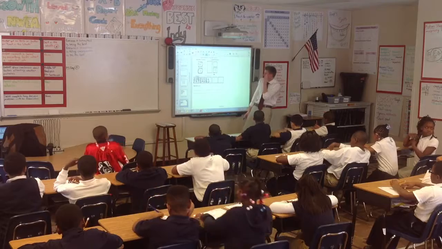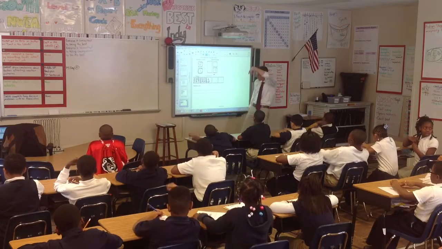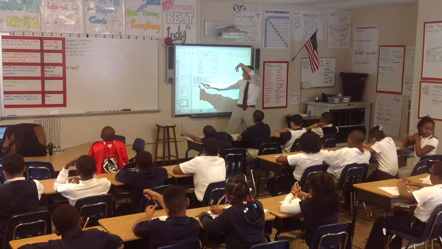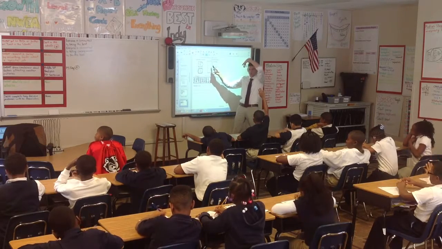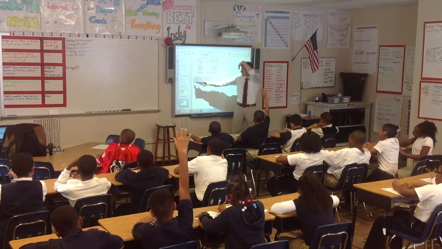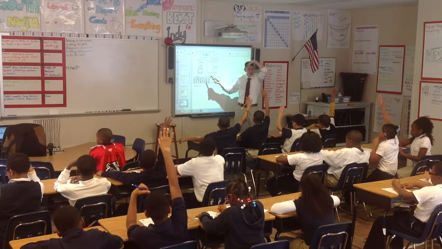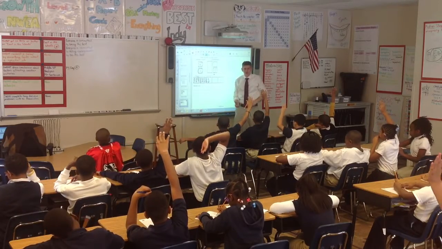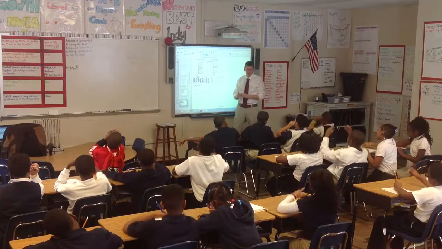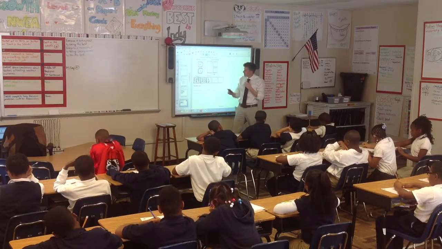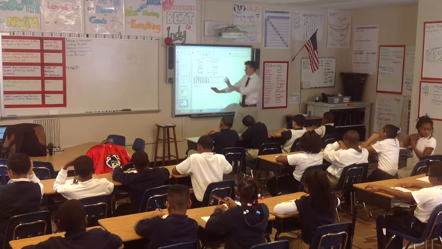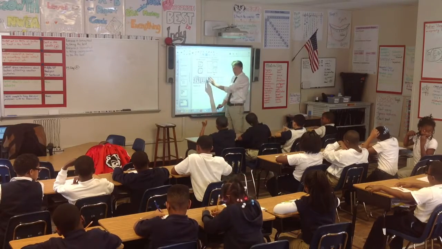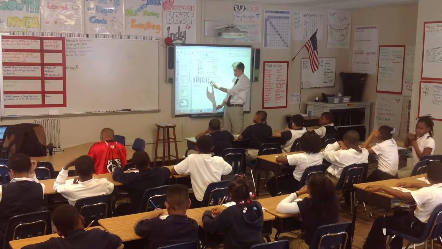Now I have to look. How many big squares are colored in? That's going to be my whole number. How many big ones do you see colored in completely? 2. Very good. And then now let's look at just the box that it has some colored in parts, but it's not all the way colored in.